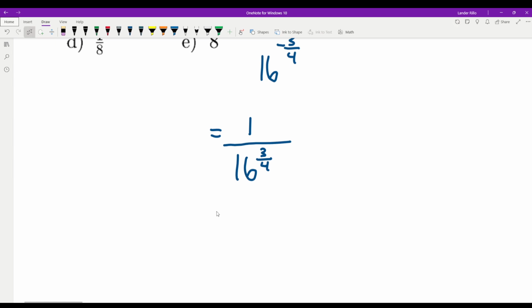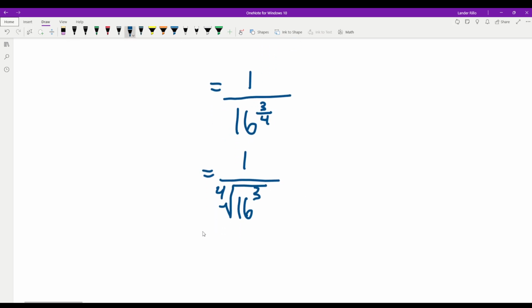We have to evaluate it though. It's much better to evaluate it when it's in the form of a radical. So we know that this is the power, 16 to the power 3. And this is the root. You can just put this into a calculator, and then you would divide 1 by whatever you get here. And you should get an answer.